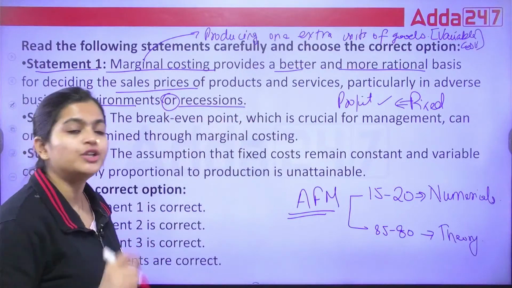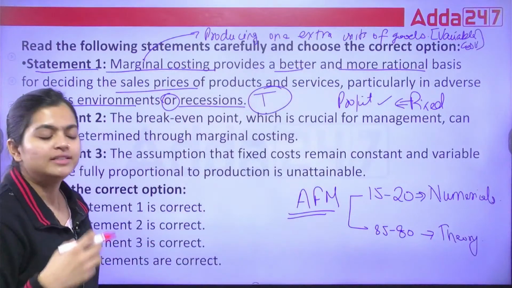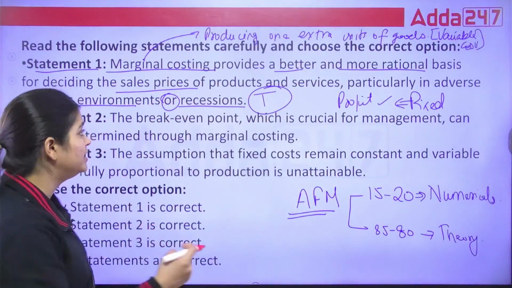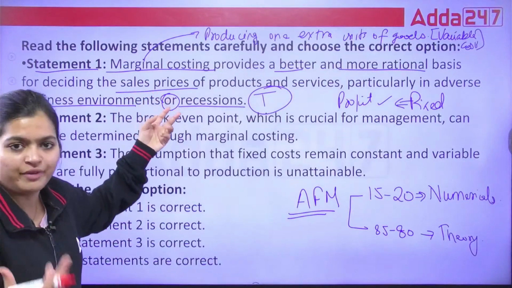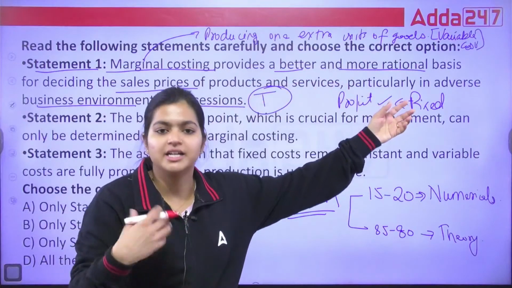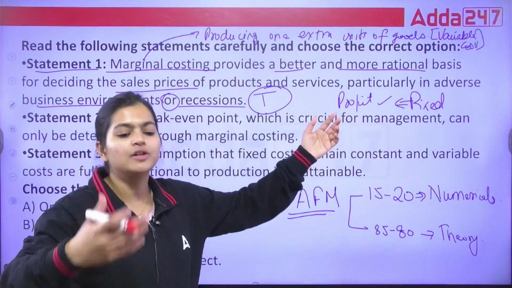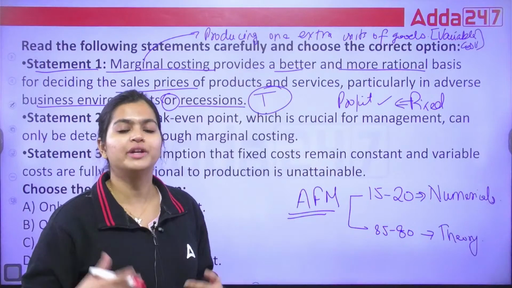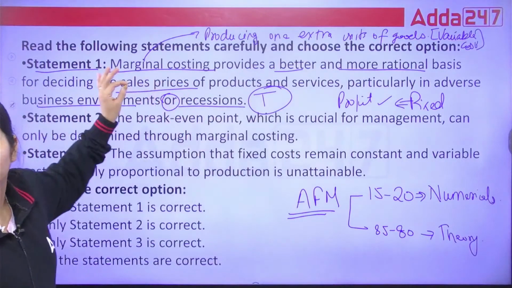So this is your true statement, because marginal costing says that under recession, or when your business is not performing well, or we can say the adverse business condition, at that time we try to recover our variable cost only. So this is a correct statement.